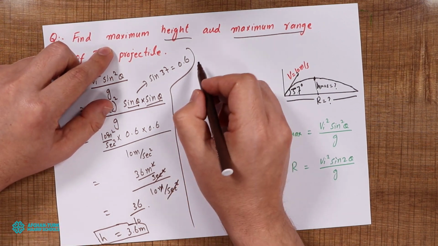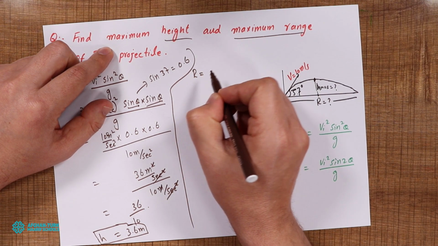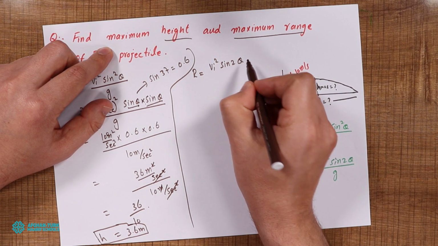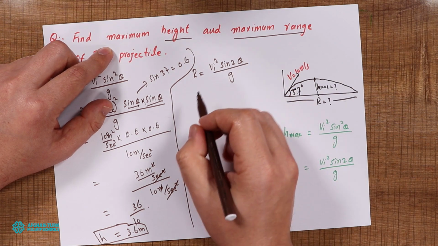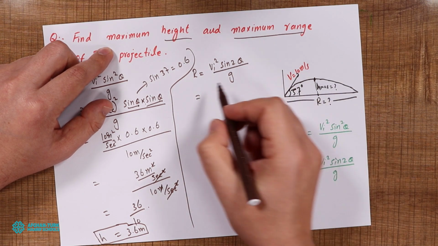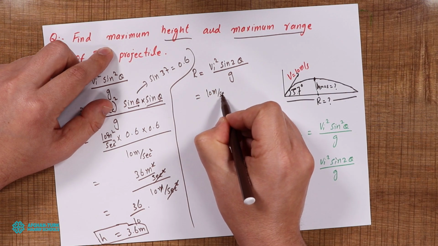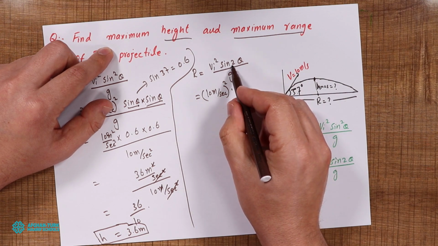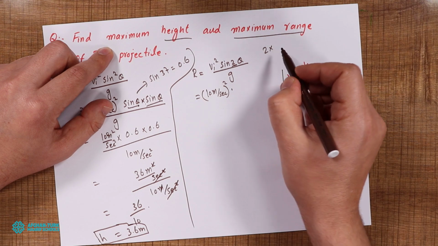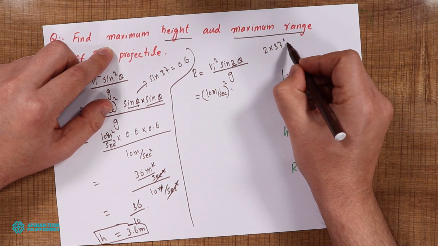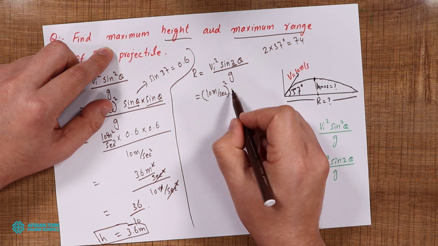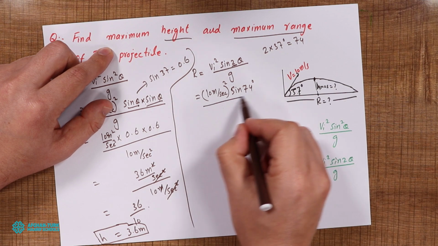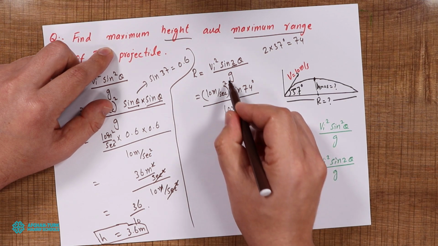We know that the range formula is equal to vi square sine 2 theta divided by g. So now putting the value again, the initial velocity is 10 meter per second whole square, sine 2 multiplied by 37, so 2 theta is equal to 74. This means we will find sine 74 degree divided by 10 meter per second square, putting the value of g.